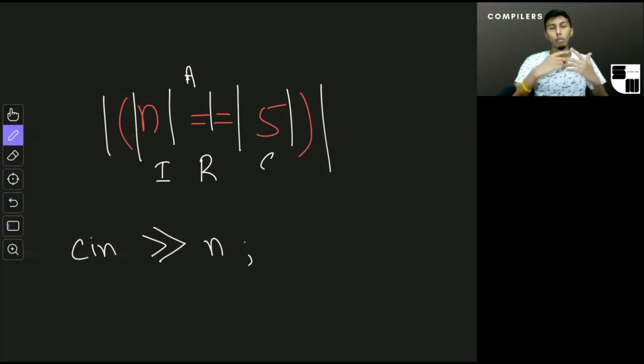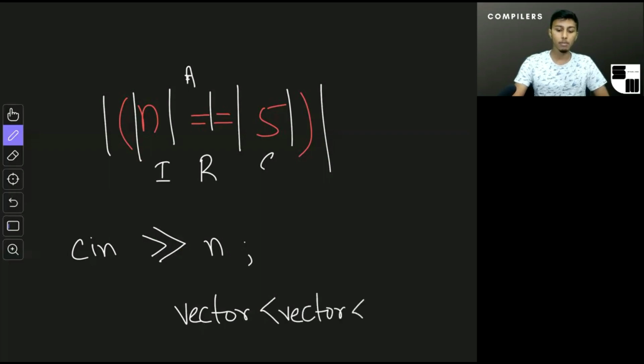Now, the problem with this is that it conflicts with the template syntax in C++. So if we had, let's say, something like a vector of vectors, then I would write it something like this. And now at the end, I would have this thing right here, and that's now going to cause an issue.